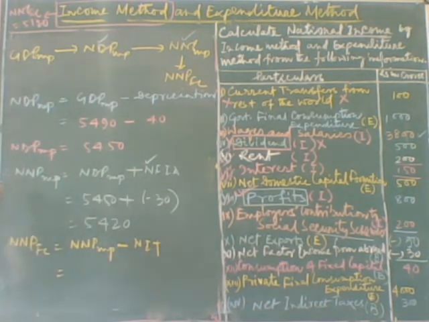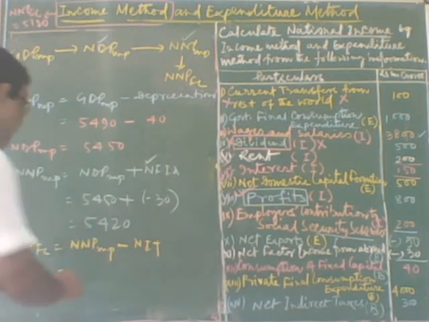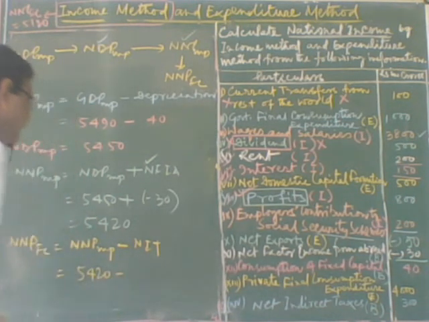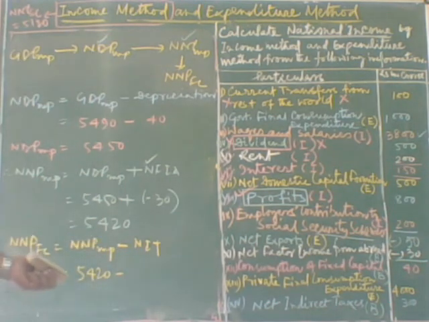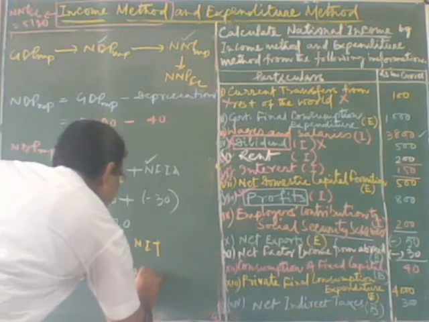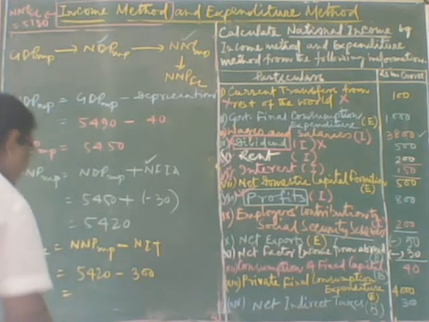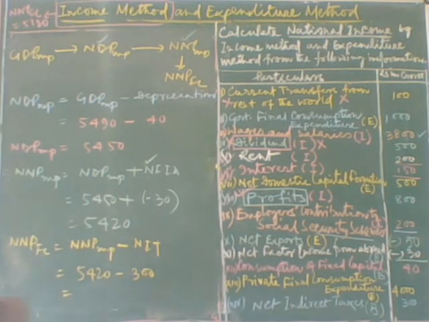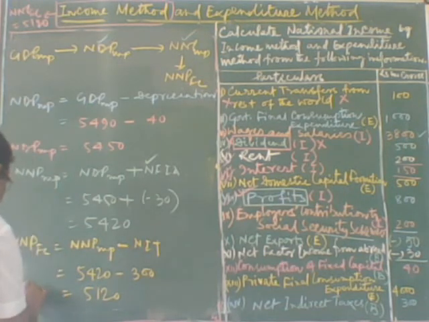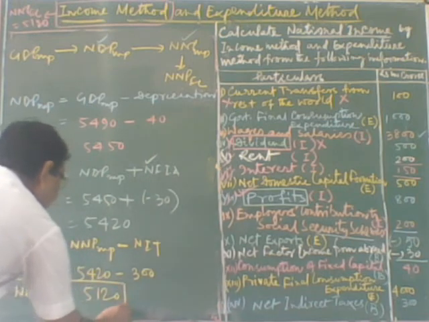NNP market price is 5,420 minus net indirect tax, 300, which is equal to 5,120.